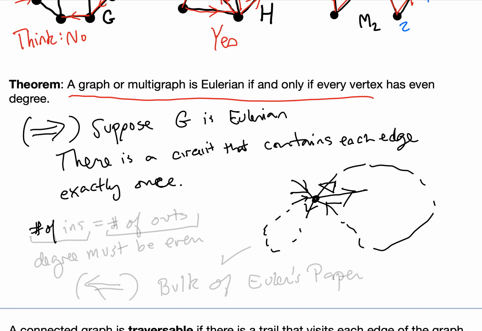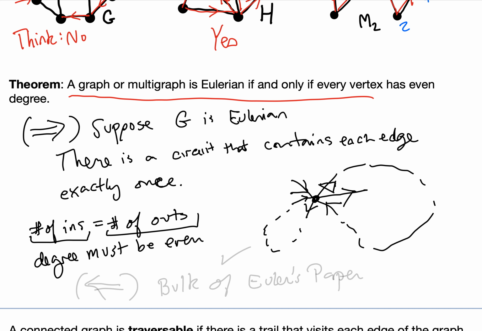and therefore, the number of ins in our traversal is equal to the number of outs. And what does that mean? That means that the degree must be even, because if the total number of times that we go through the vertex is k, then we go through the vertex with k edges going in and k edges going out.